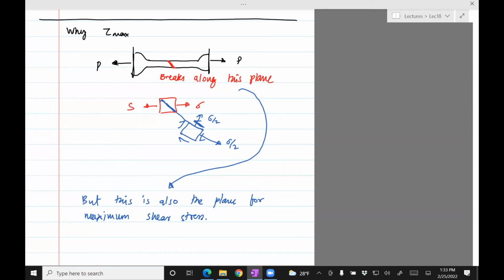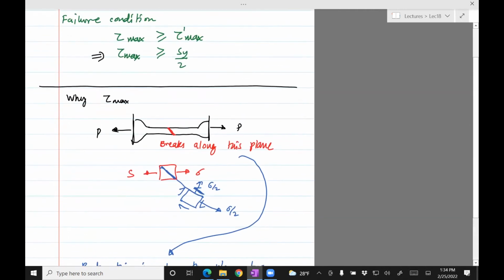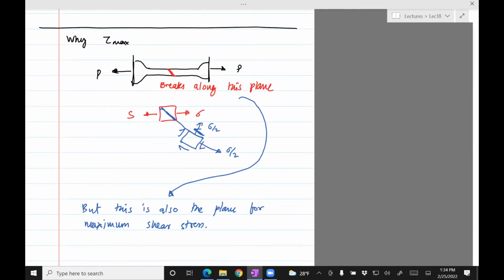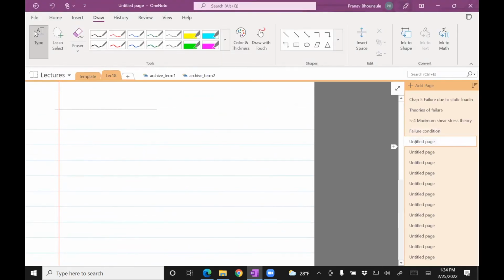Now let's see how we can use this theory, which is right here, in order to make some predictions for 3 dimensions, which usually is very important, right? And then how do we incorporate this theory in designing a material element? So in 3D, this is what you will do.